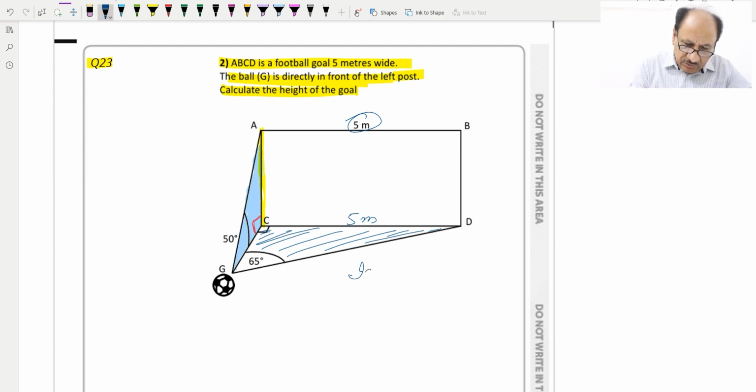So we will write in triangle GCD, which is a right angle triangle, angle C is right angle, 90 degrees. So we can use trigonometry. We can write CD over CG, which is opposite over adjacent, and this will be equal to tan theta.